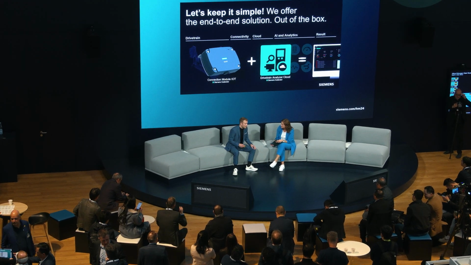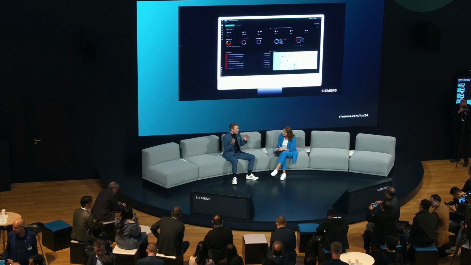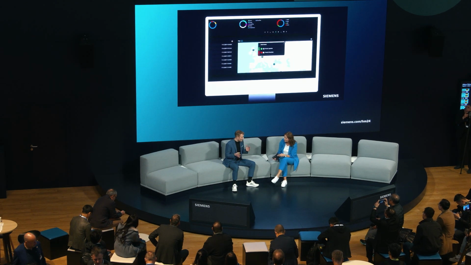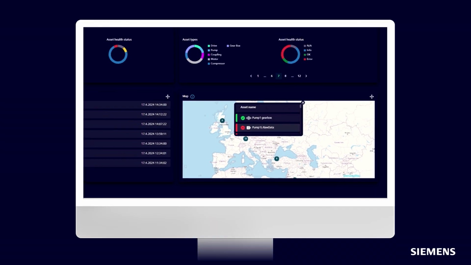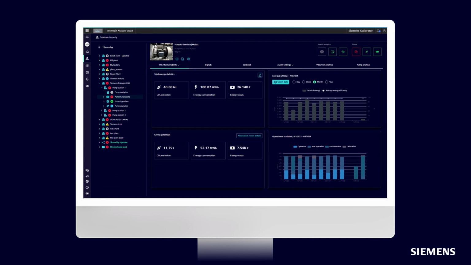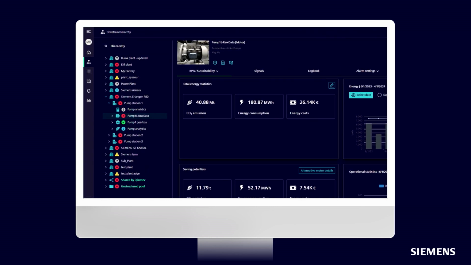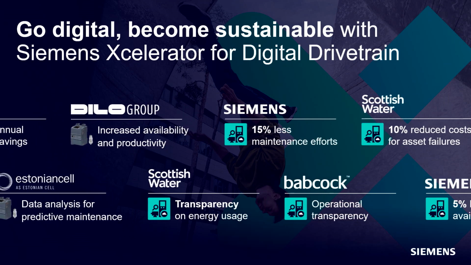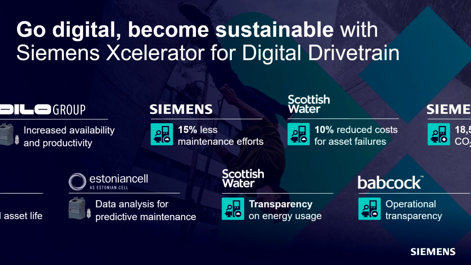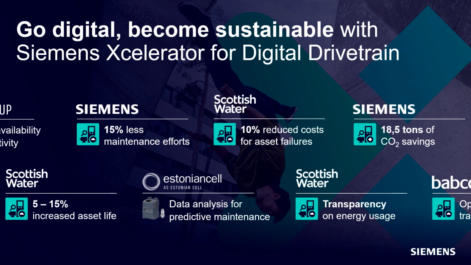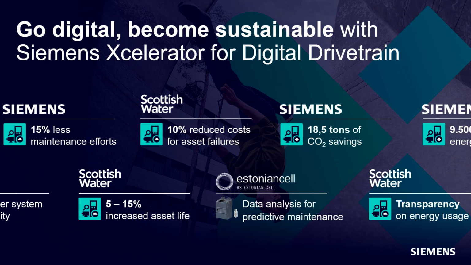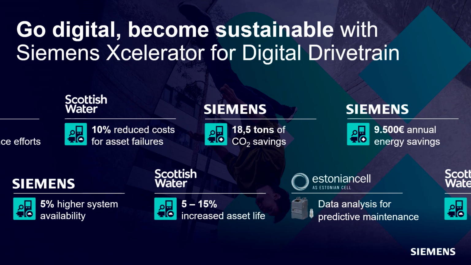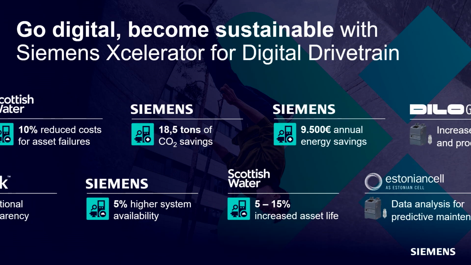For sure. So, as you can see, we have one demonstration of our new application right on the booth. And now it's the question, what comes next? And we can say already today, we are demonstrating that we are delivering value to our customers with our partners and within Siemens, because we use our own solutions in our factories.